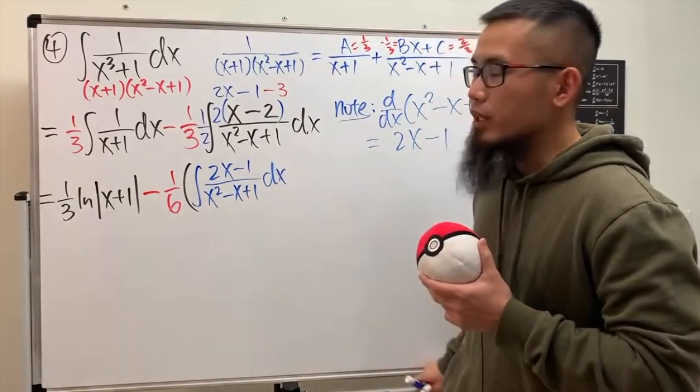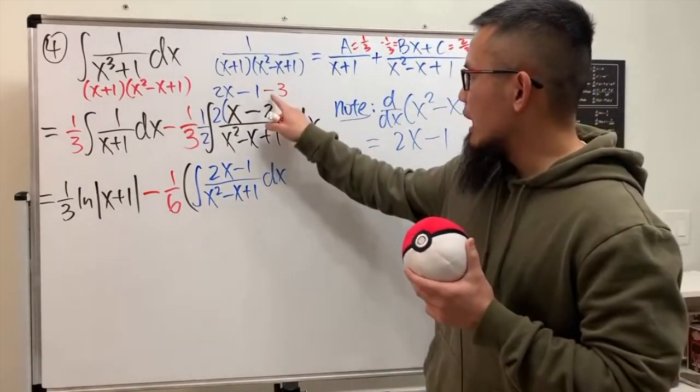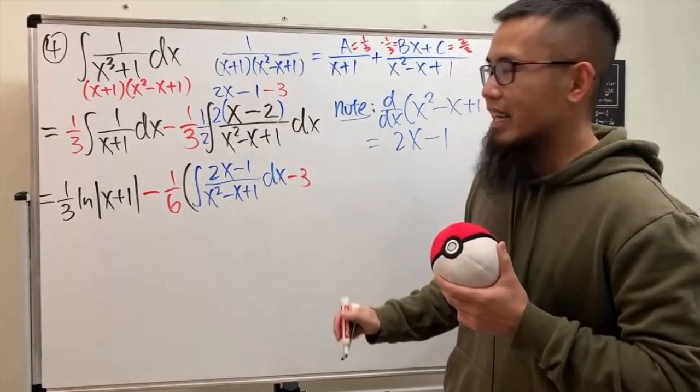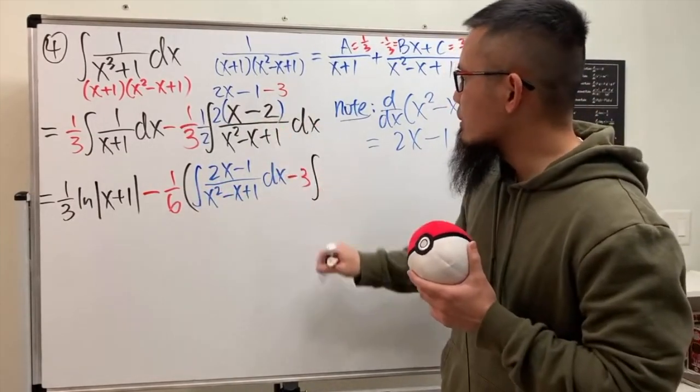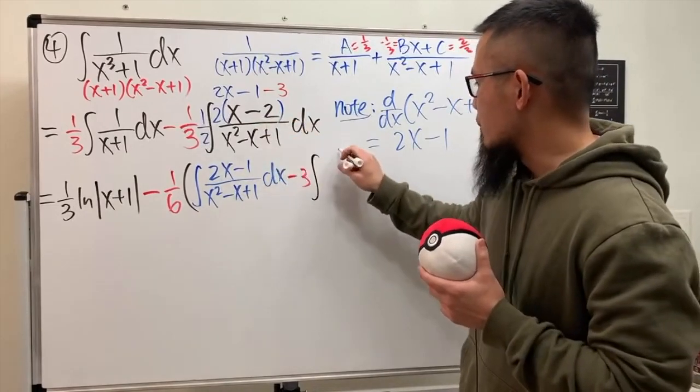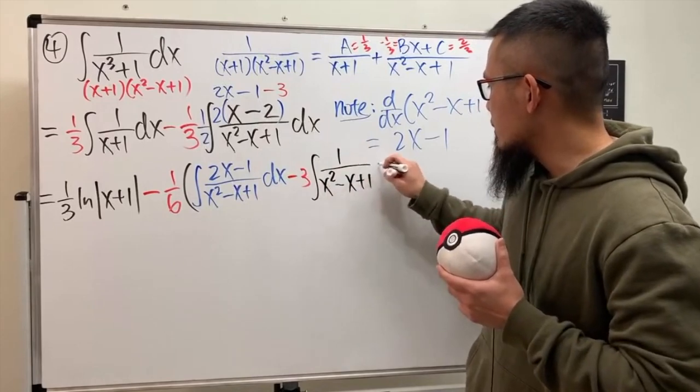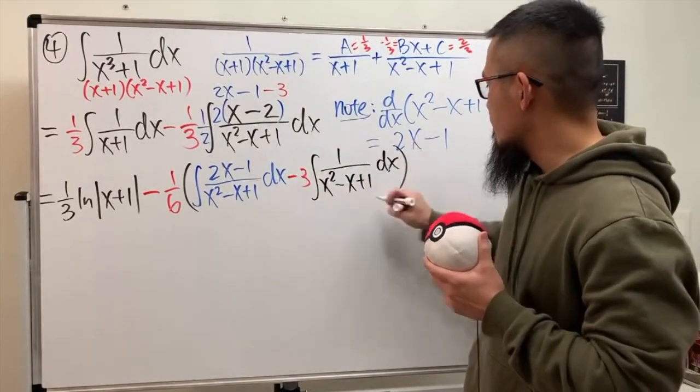Right, so that's the blue integral that we have. Next, we have the minus 3 inside of the parentheses, so it still is minus 3. And then we have the integral of 1 over x squared minus x plus 1, and we have the dx here, right, parentheses.